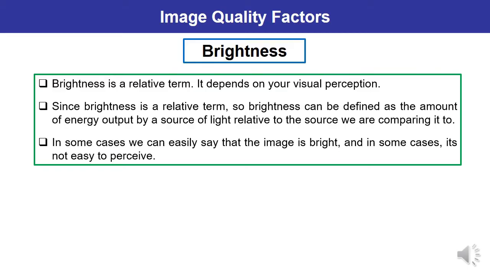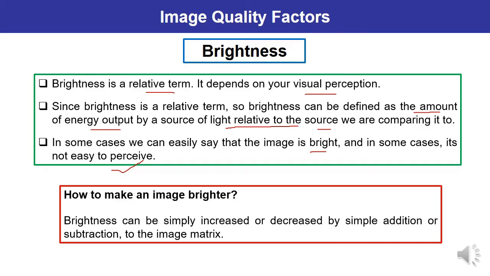So brightness is a relative term and it depends on your visual perception. Since brightness is a relative term, brightness can be defined as the amount of energy output by a source of light relative to the source with which we are comparing it to. In some cases, we can easily say that image is bright, while in some cases, it's not easy to perceive.